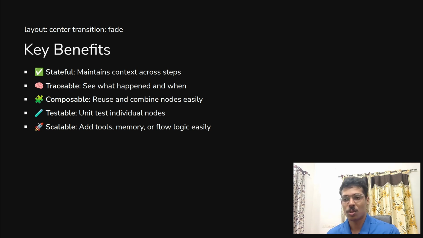We can reuse the nodes really easily. It is testable, since individual nodes are testable, and we can scale. We can just add new nodes, new tools, new edges, conditions, etc. So these nodes, states, and edges help in expanding the graph in a really good manner.